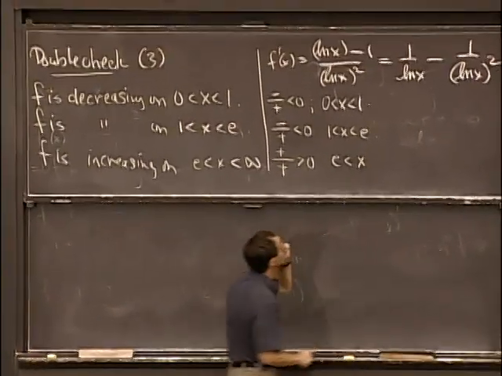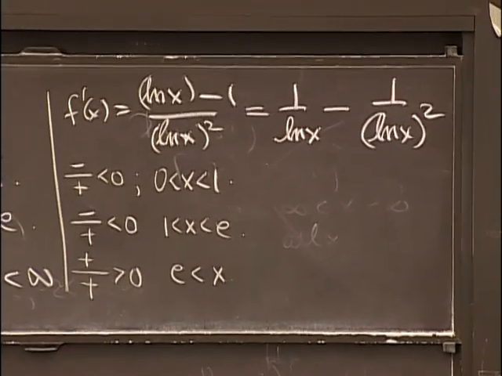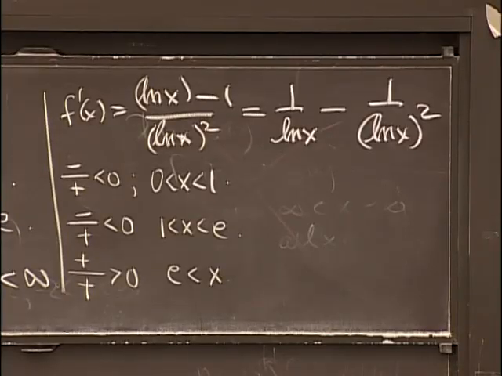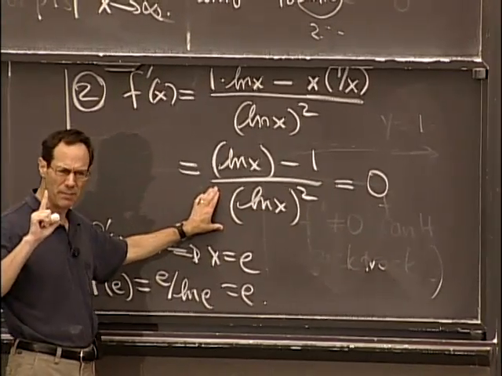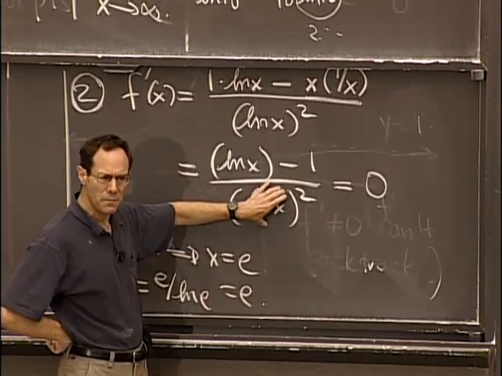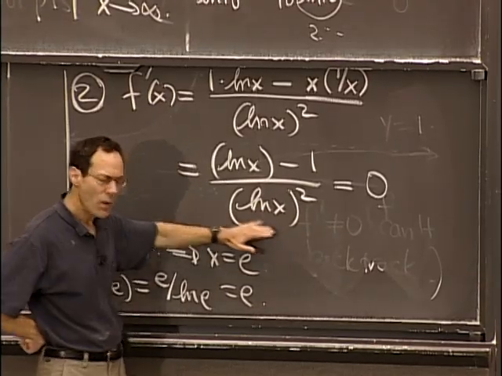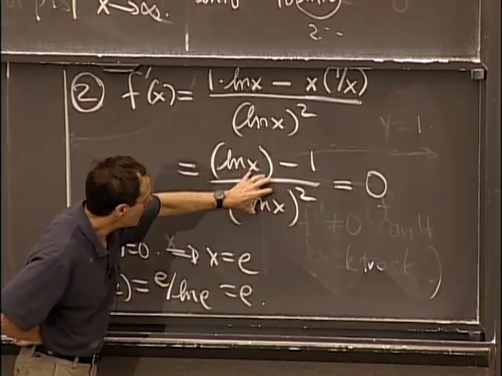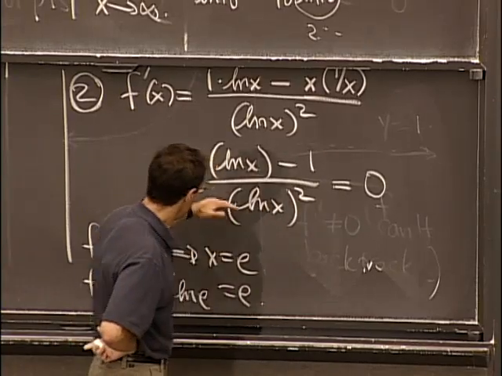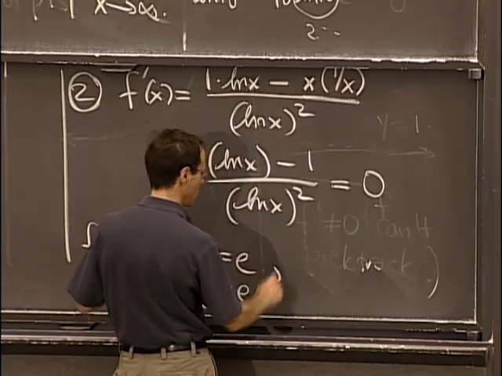And that allows me to notice something that I missed before. When I solved the equation log x minus 1 equal to 0, I missed a possibility. I missed the possibility that the denominator could be infinity. All right? So actually, if the denominator is infinity, as you can see from the other expression there, it actually is true that the derivative is 0.